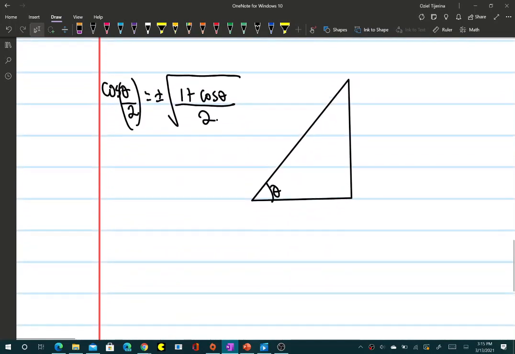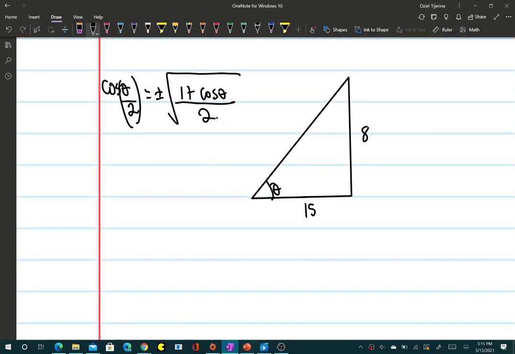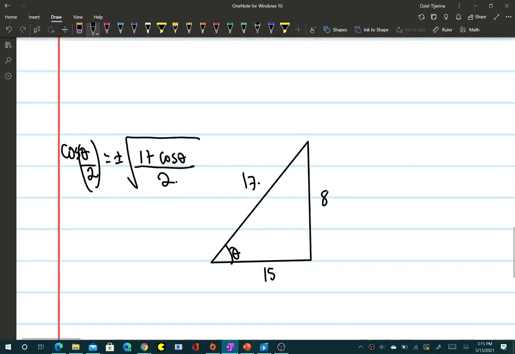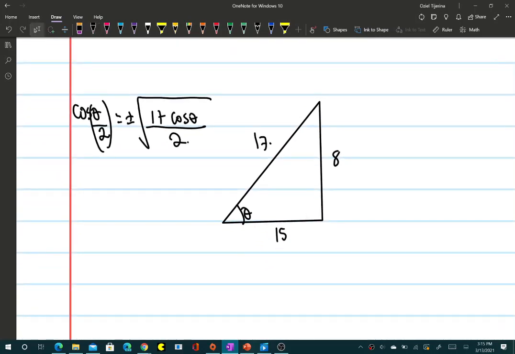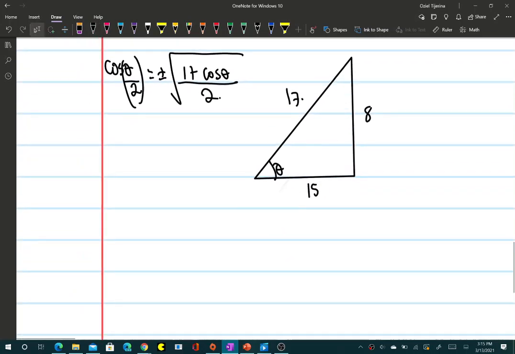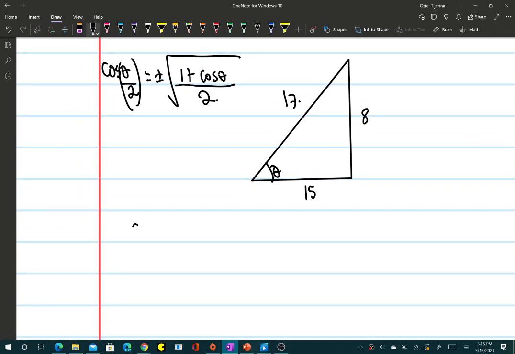So we have 8 here, 15 here, and 17 over here. Cosine theta is equal to, and it's a lot easier because now we have all of our 3 values on the 3 sides of the triangle.